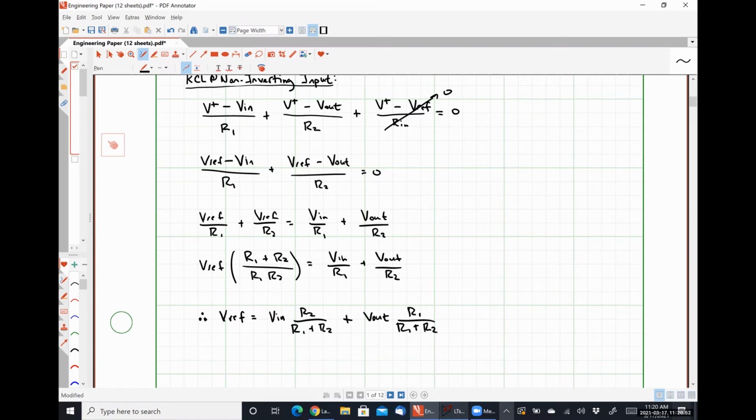So this equation actually tells us everything about how this circuit behaves. The reason why this one equation does everything is because we know that because this is a positive feedback circuit, our output voltage is always going to be either our positive supply voltage or our negative supply voltage, right?